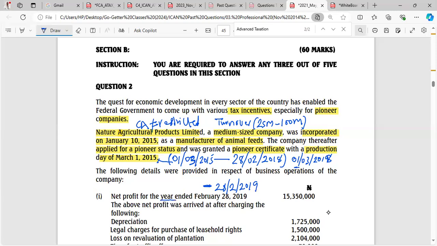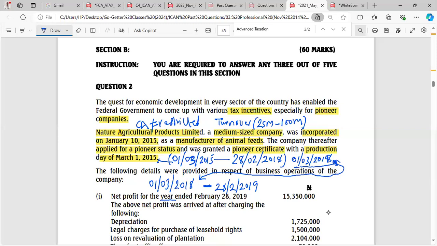It must have started March 1, 2018. Now, what does that tell you? It tells me that this date is the same thing as this date. They are the same thing.